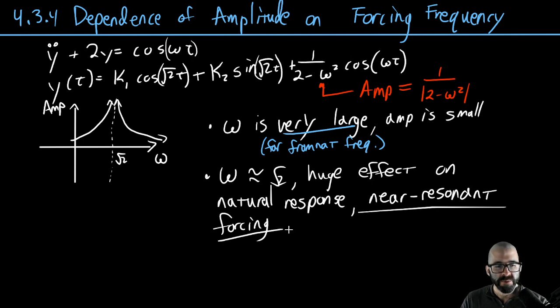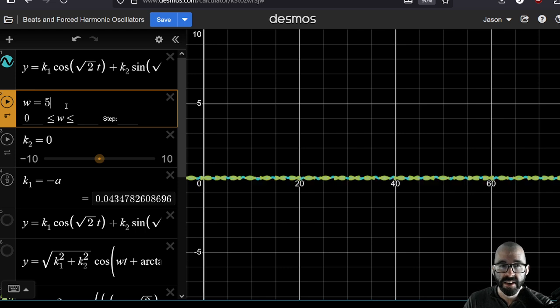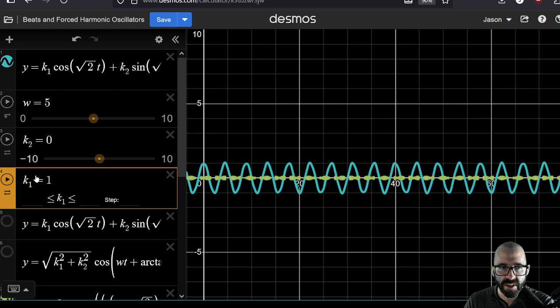I'll show that again. We can see that if omega is really small or really big, specifically, actually, let's go back to this is the initial condition of 0. So if omega is really big and you have an initial condition of 0, that means it's going to take forever for anything interesting to happen. So I'm actually just going to change this constant real quick. We can change it back to -a later.